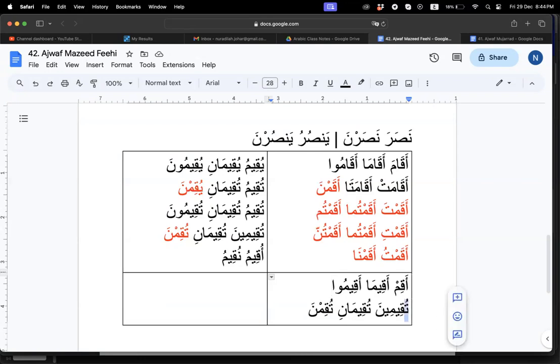And this one is akimi. Next one. Akima. Next one. Akimna. This one you cannot remove the nun. Akimna.